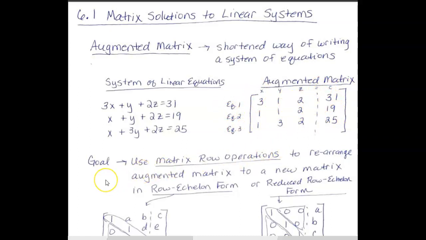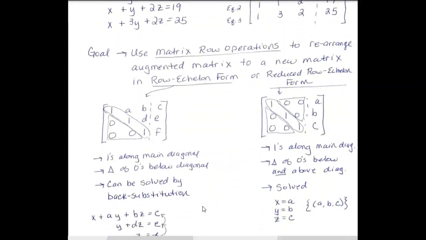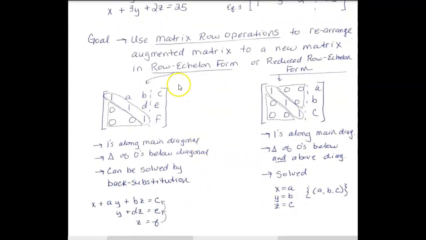So our goal, once we have set up our augmented matrix, is to use what we call matrix row operations to rearrange this matrix to a new matrix in one of these 2 forms. We can solve if we can create a new matrix that's in what we call row echelon form or reduced row echelon form.